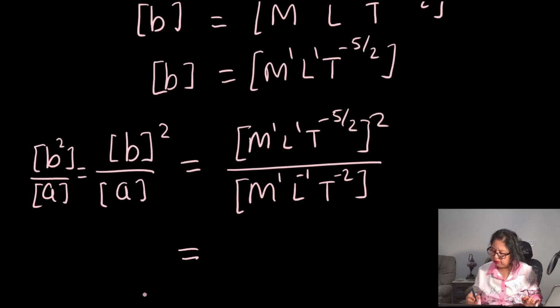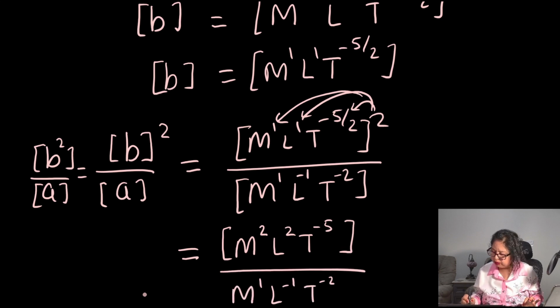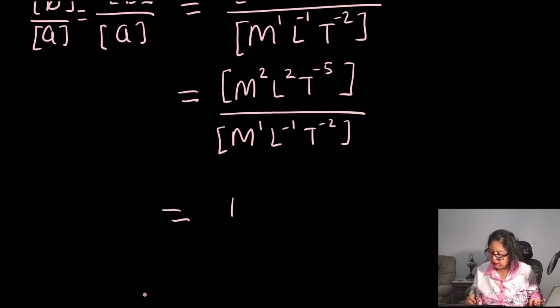Now what does this give me? Now 2 outside the parentheses at the top goes inside and multiplies each of the powers, giving me M2 L2 T to the power minus 5, divided by M1 L^-1 T^-2. Okay. Now this gives me M^(2-1) L^(2+1) T^(-5+2).